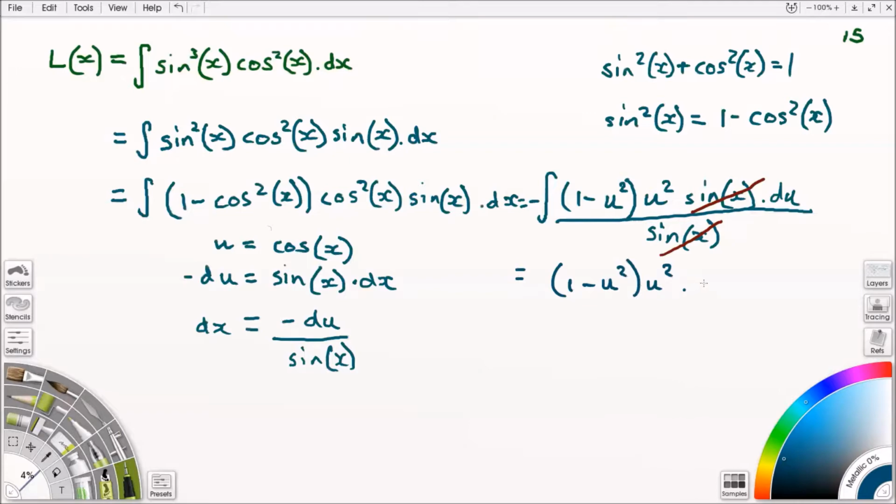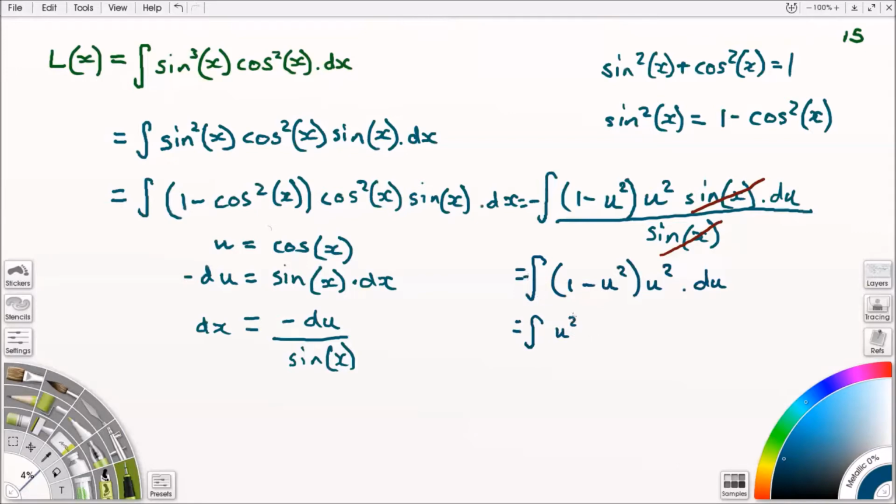So now we're just integrating this here, and we can make this even easier for ourselves by expanding it. In fact, I'm not even going to put it in brackets anymore. We'll just have u squared.